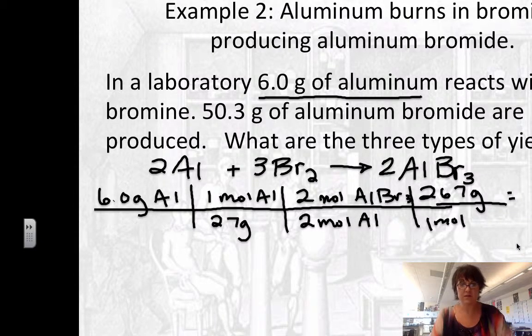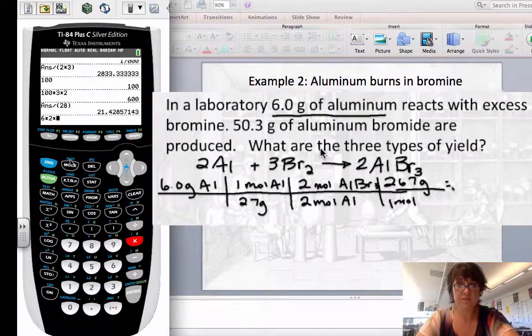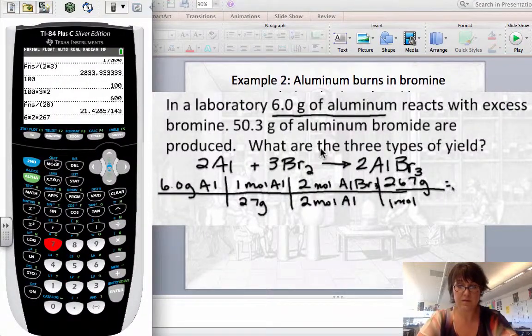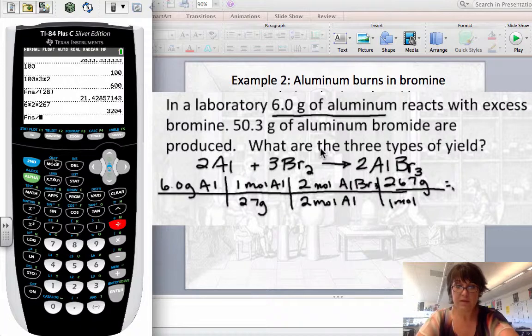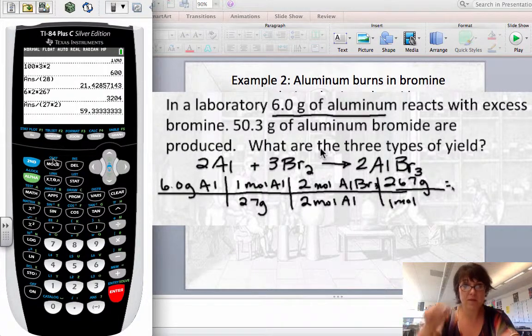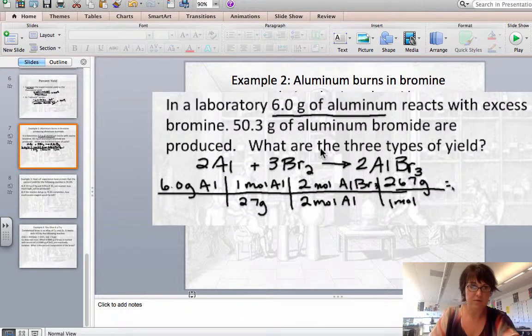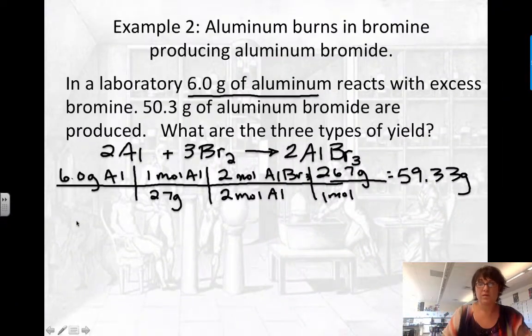So now, calculator time. 6 times 2 times 267 divided by 27 times 2. Don't forget to put parentheses around your denominator to hold it all together. All right, 59.33 grams should have been produced. So what does this one represent? Which type of yield do we call this?